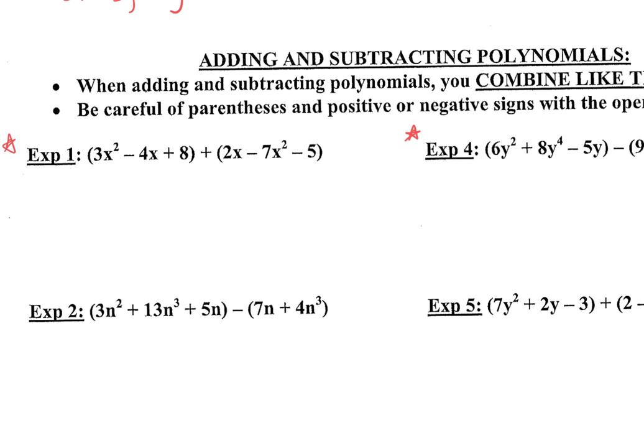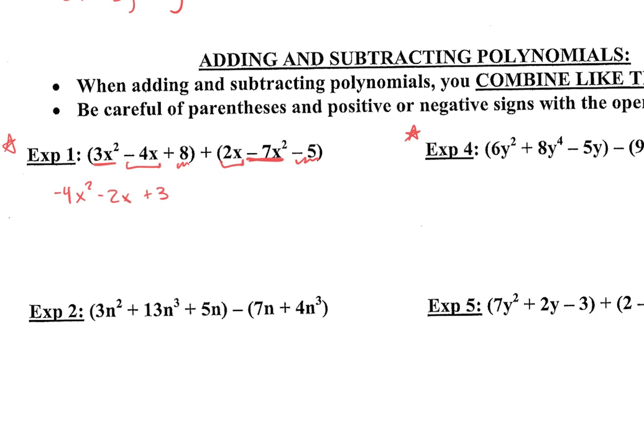Start with the highest power, and that's going to be x squared. So I have a 3x squared and a negative 7x squared, which is going to be a negative 4x squared. 4x plus 2x is going to be a negative 2x. And then 8 plus negative 5 is going to be a positive 3.